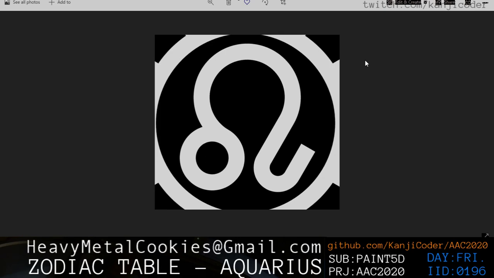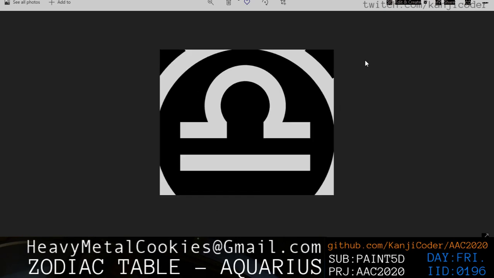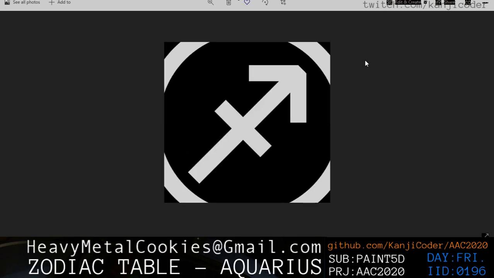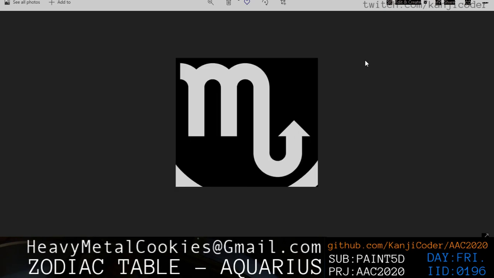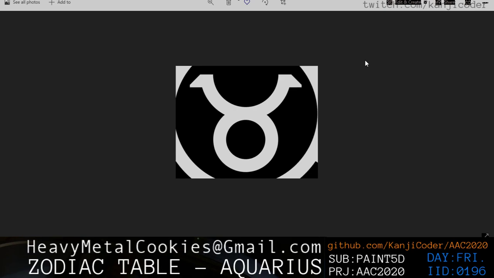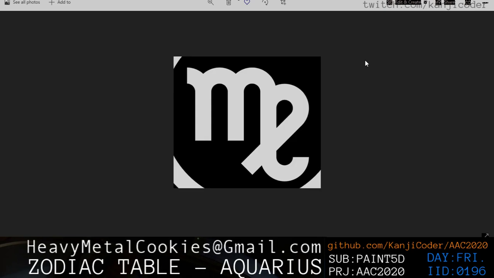Gemini. Leo. This is a scale, which is Libra. This is a bow and arrow, Sagittarius. This is Scorpio. This is our cow, it has little horns. The cow is the Taurus. So Taurus and Aries, I'm getting confused. So the M thing is the Virgo. So we have Virgo and Scorpio that look kind of similar.